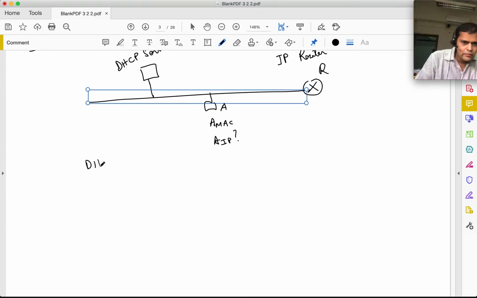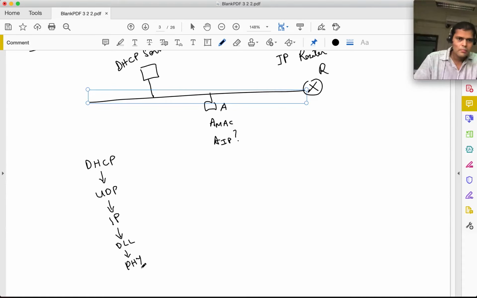I'll just draw where DHCP sits in the protocol stack. It sits on top of UDP. It's something like this.